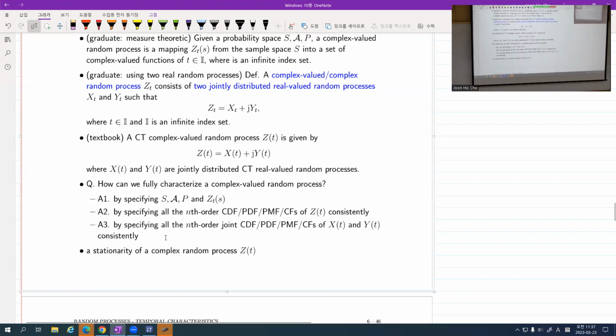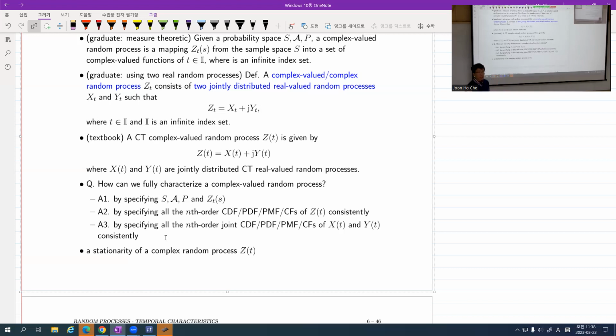Now, what about stationarity of a complex random process? What was the stationarity of a real random process? We had many levels of stationarity, right? In terms of the first order PDF, we defined stationary to order 1. By using the second order PDFs of a random process, we defined stationarity to order 2. And in that way, we defined stationarity to order n.